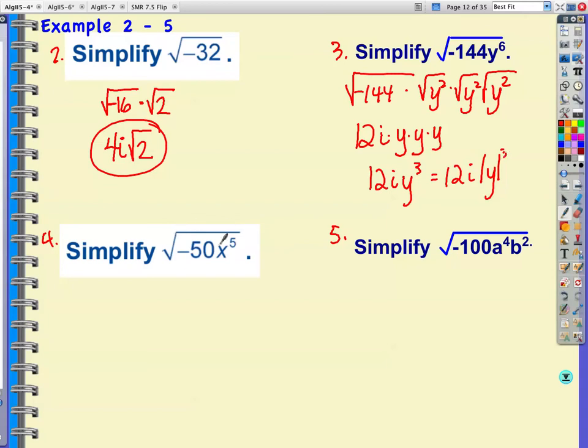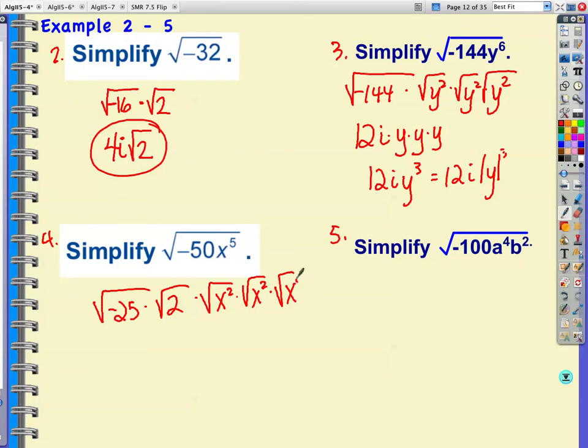Okay, here we go. Square root of -50x to the 5th. The more I think about it, I bet that goes on the inside. All right, let's go back here. Square root of -25, because 25 goes into 50, and then 2. 25 times 2 is 50, so square root of -25 times square root of 2. And then I got x to the 5th power: x squared, x squared, and then an x.